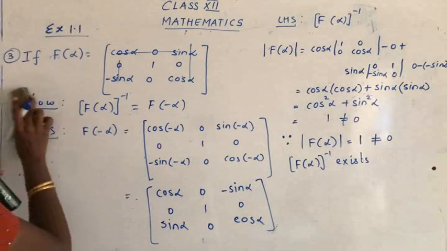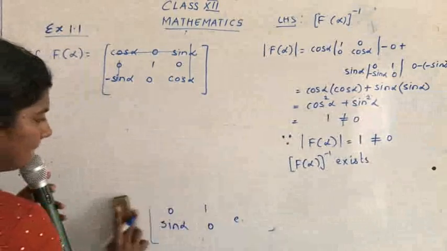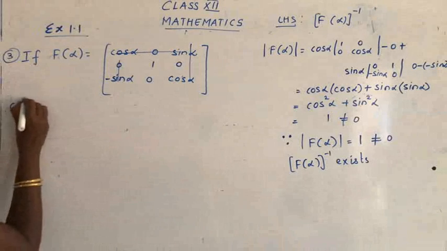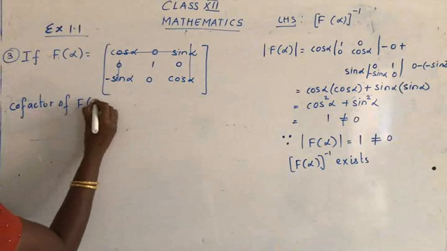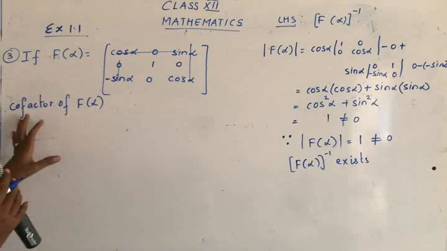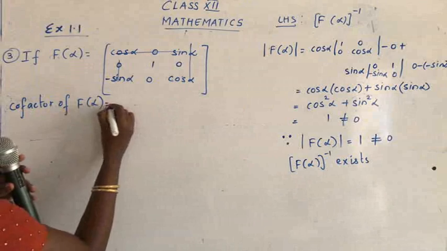I'll rub out this part. So let's start with the cofactor. So cofactor of F alpha. Instead of A, we are writing here F alpha because it's F of alpha, yes. So cofactor of F alpha. So shall we do it directly?